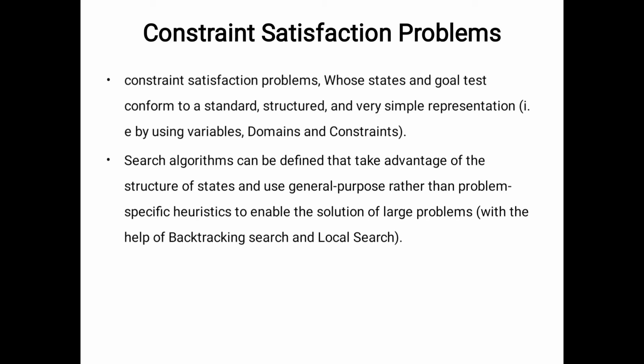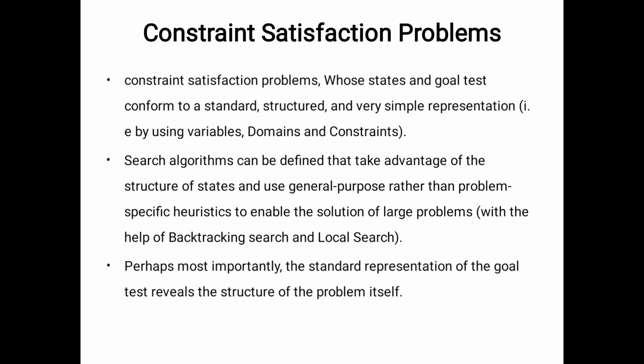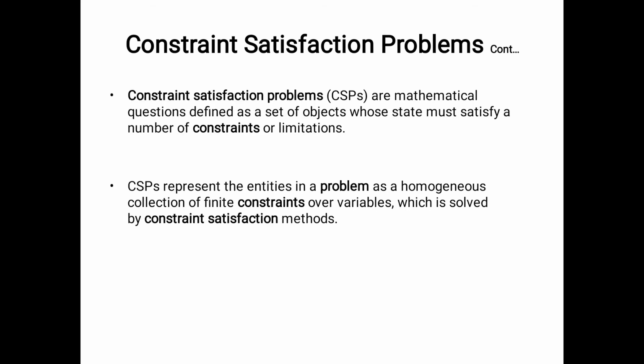Perhaps most importantly, the standard representation of the goal test reveals the structure of the problem itself. At the time of solution, the structure is also maintained with the problem and the solution itself.